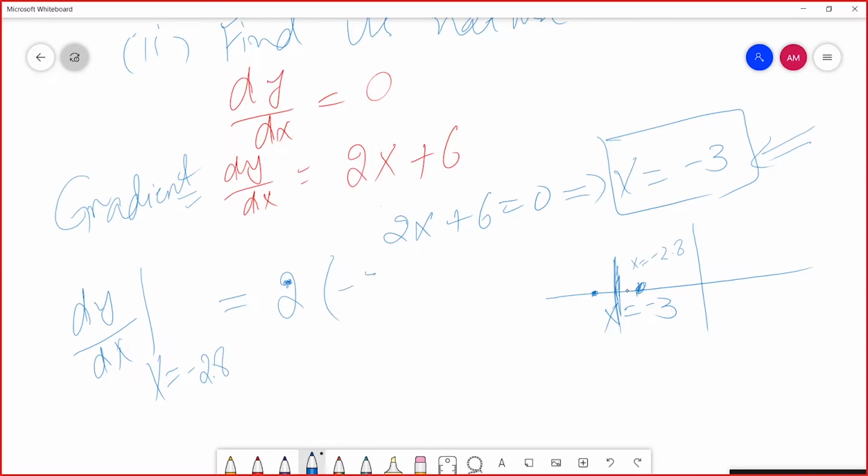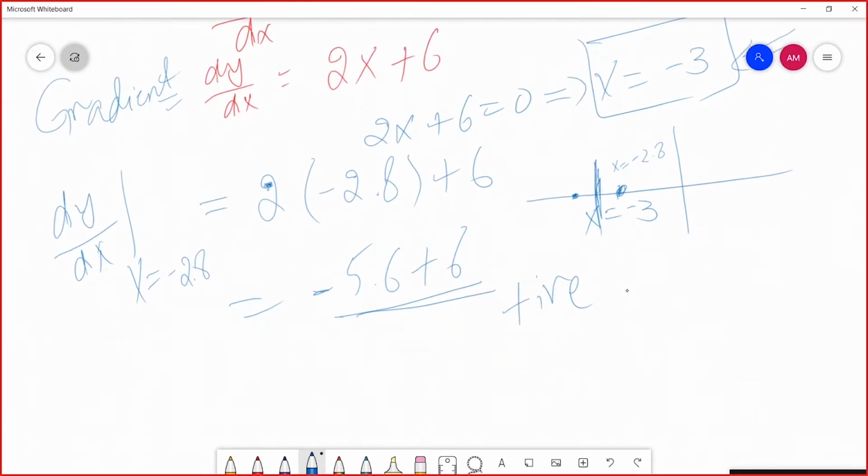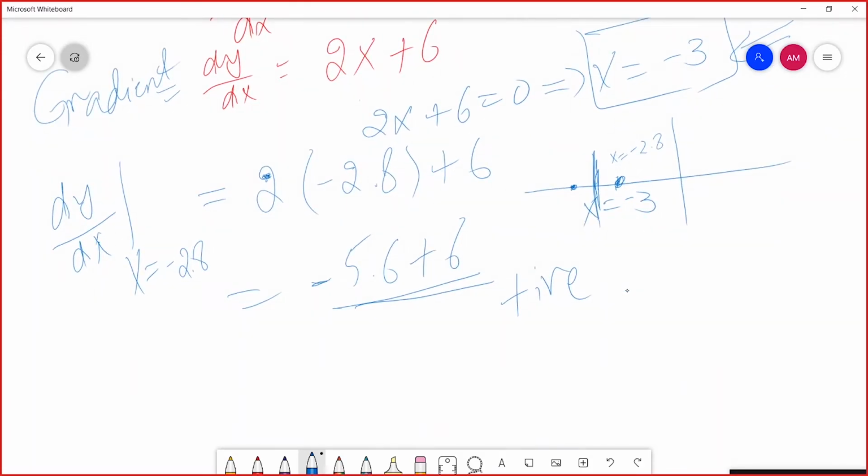Okay, 2 times -2.8 plus 6, right? Yep. What does this mean? 2 times -2.8 is minus 5.6, plus 6. So what is the sign? This is 0.4, positive. Yep, because it would be 0.4, which is positive, right?